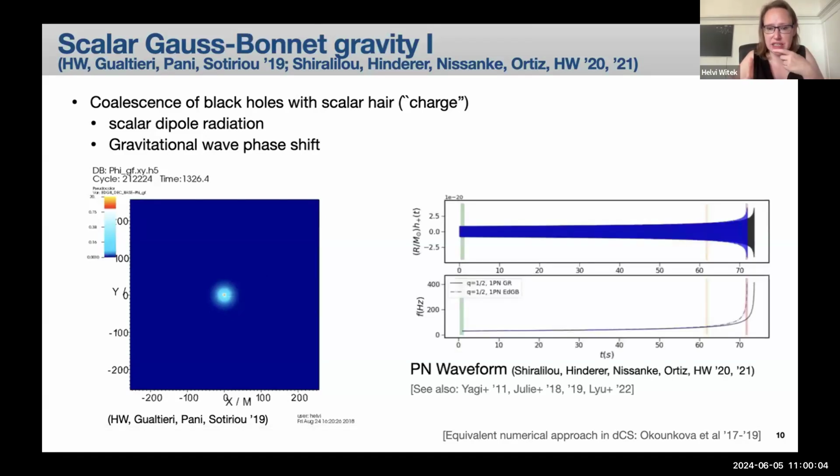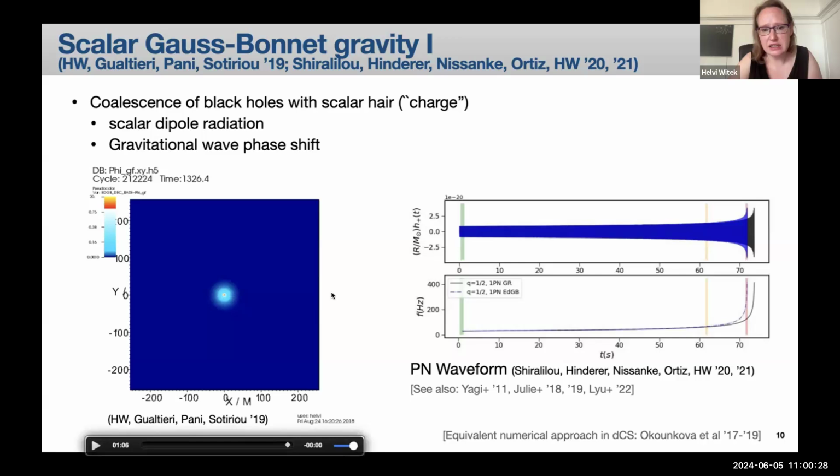And that's something that we early on had computed with Banafshir, Shirali, Lutanya, Hindra, Samaya, Nasanka, Nestor, Ortiz back in 2020, 2021 in a post-Newtonian fashion, where Banafshir derived the leading order corrections to the post-Newtonian waveform, so describing the inspiral due to this Gauss-Bonnet correction.